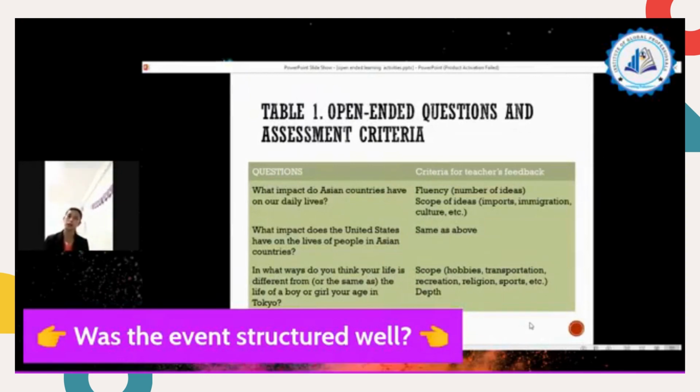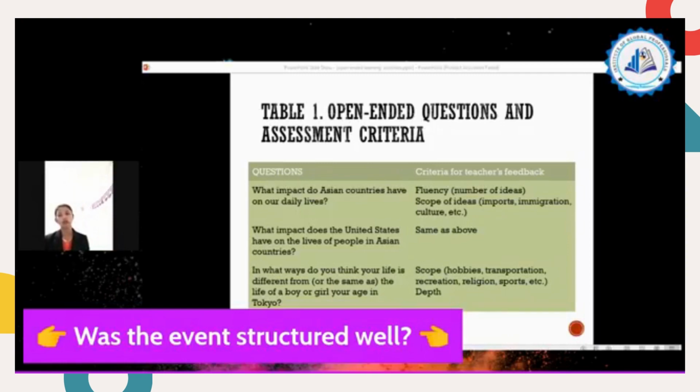Okay, this is table number 1, open-ended questions and assessment criteria. These are some of the questions that you can use in your discussion, in your presentation. Okay, first is, what impact do Asian countries have on our daily lives? So here, learners or your students will be giving a lot of answers, a number of ideas about fluency, the scope of ideas, how about the imports, the immigration, the culture of the Asian countries that has impact in our daily lives.